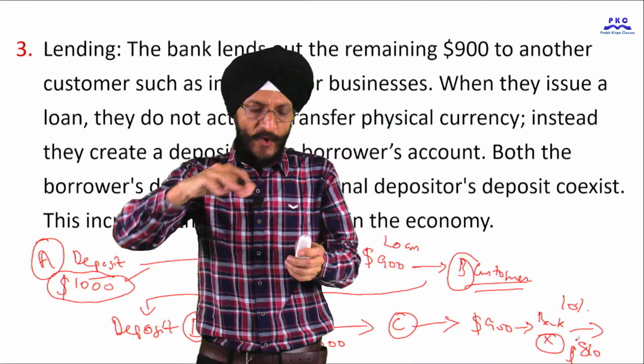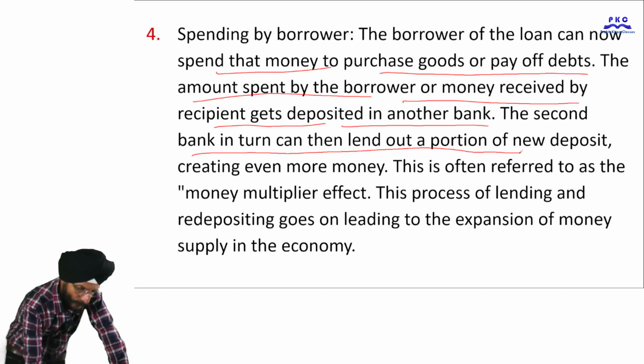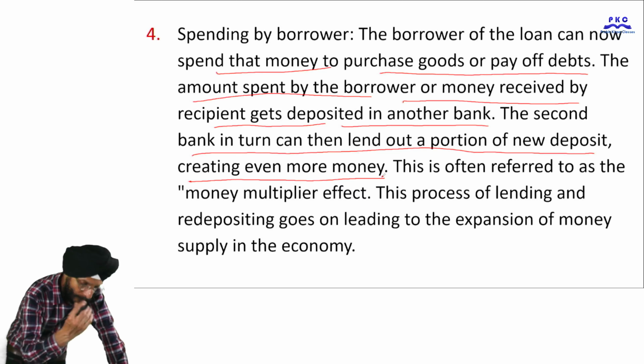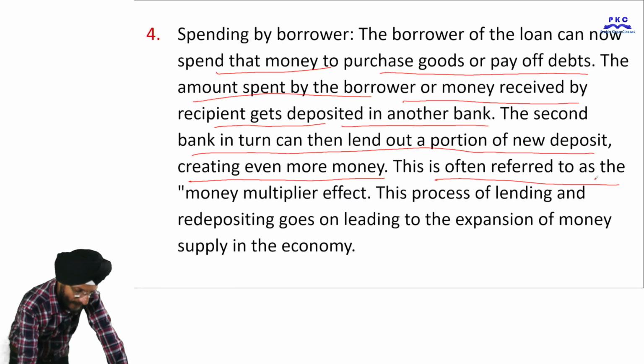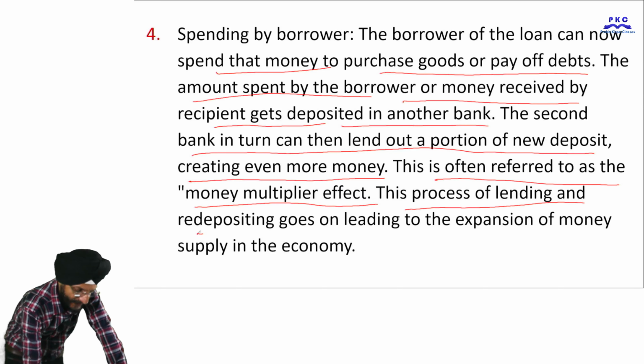So this process goes on. The second bank in turn can lend out a portion of the new deposit, creating even more money. This is often referred to as the money multiplier effect. This process of lending and redepositing goes on, leading to expansion of money supply in the economy.